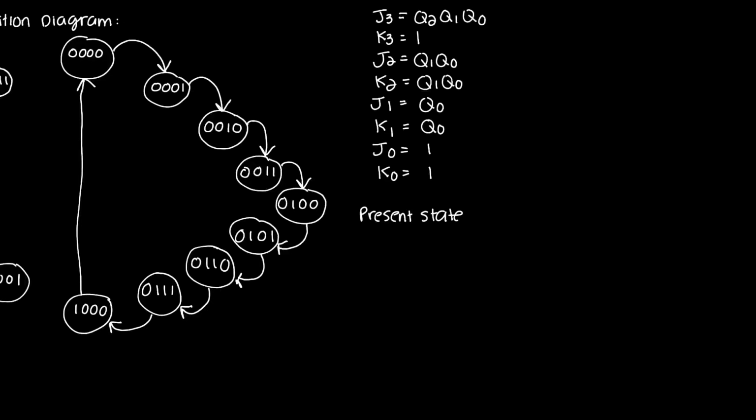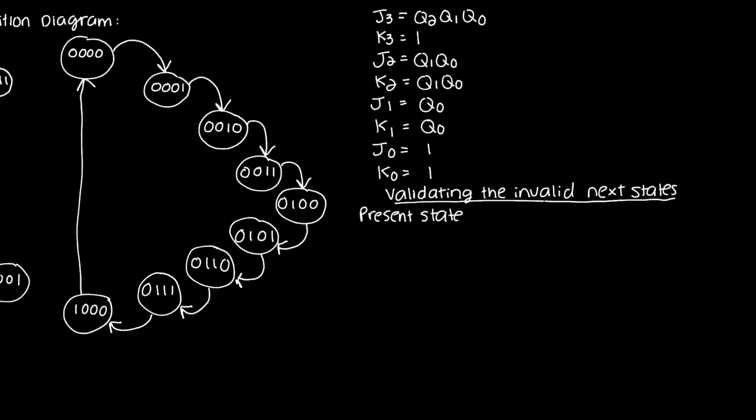We're validating the invalid next states. Now you only need to do this if you're using don't care conditions for the next states. And in the next example, I'll show you what happens if we specify what the next states are going to be for each of those invalid states.